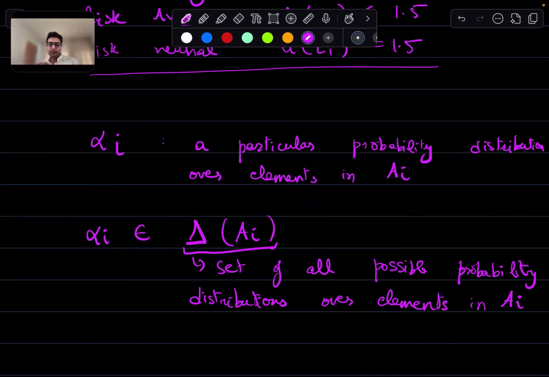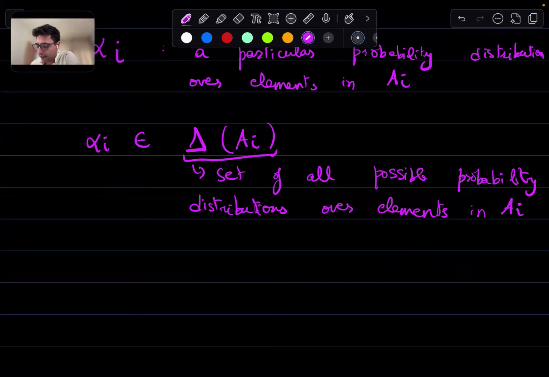So the capital delta A i is the set of all possible probability distributions. So any probability distribution that's possible over the elements of A i, that's contained in delta A i.